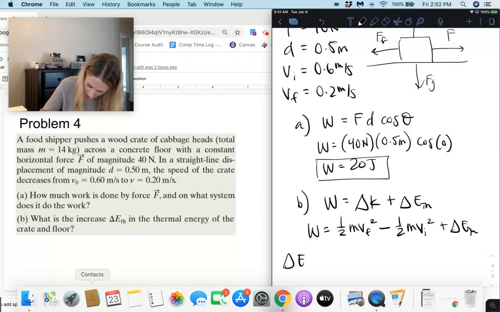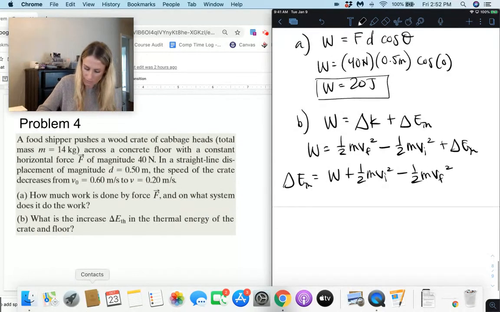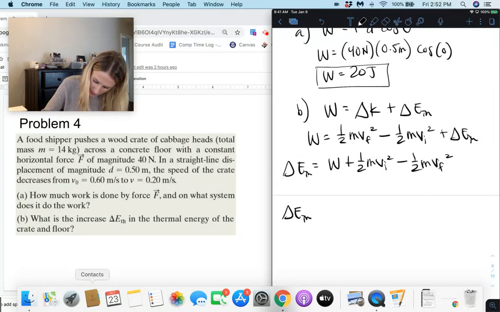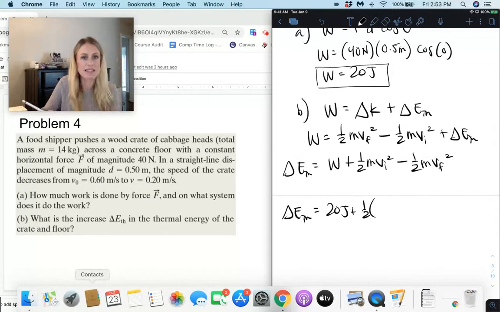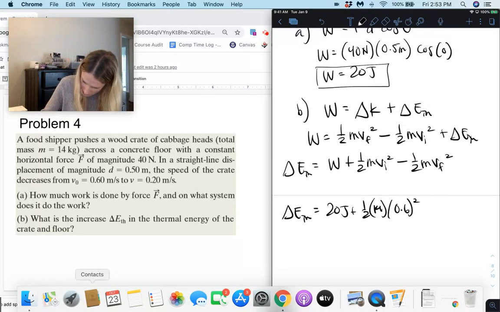So the change in thermal energy is equal to the work done plus the initial kinetic energy minus the final kinetic energy. That will be the work done, which was 20 joules, plus 1/2 times the mass of the block, 14 kilograms, times the initial velocity, 0.6 meters per second, squared, minus 1/2 times the mass, 14 kilograms, times the final velocity, 0.2 squared.